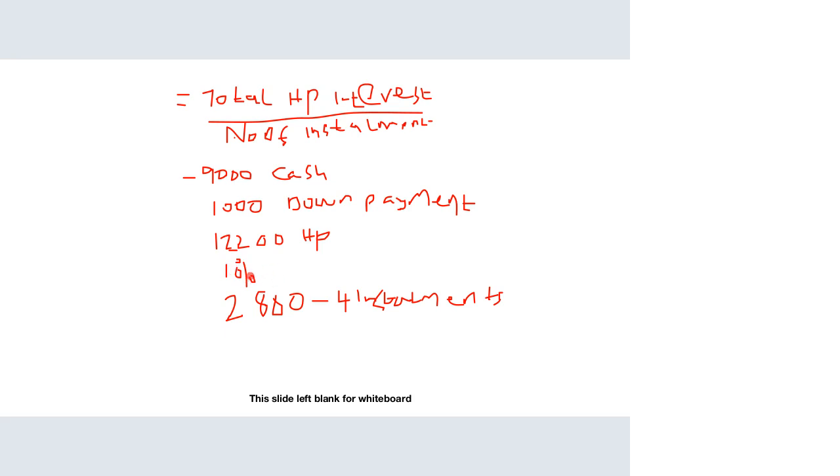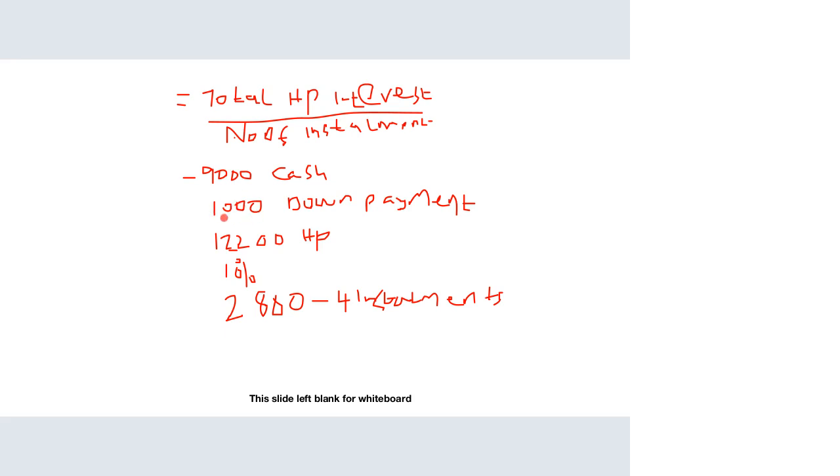The installments, we have them as 2,800 for equal installments. So it means that for year 1, we'll pay 2,800, year 2, 2,800, year 3, 2,800, and year 4, 2,800. Remember, we also have the down payment as 1,000 shillings.